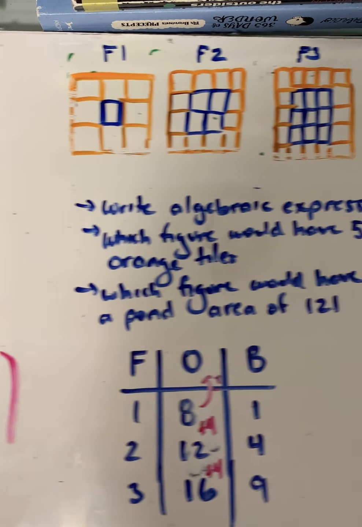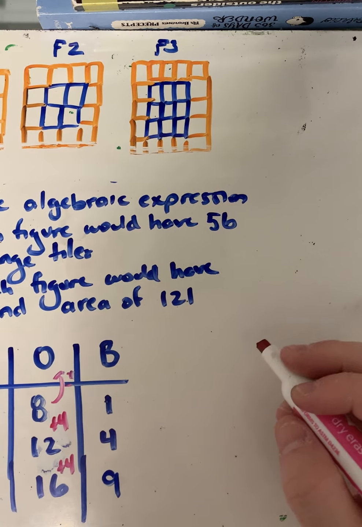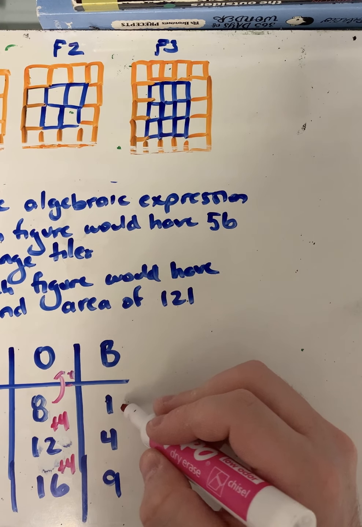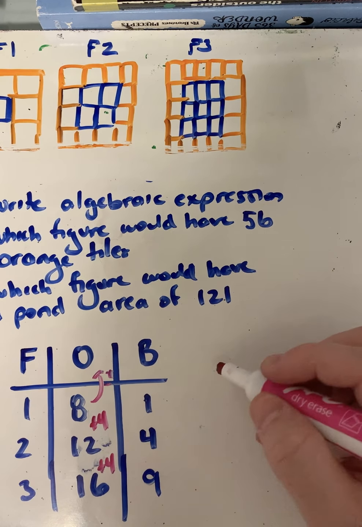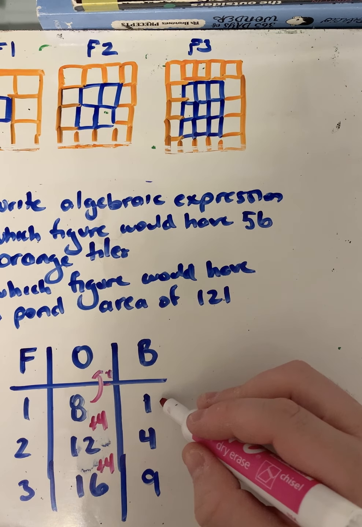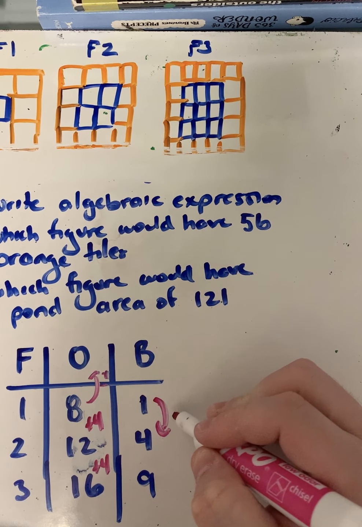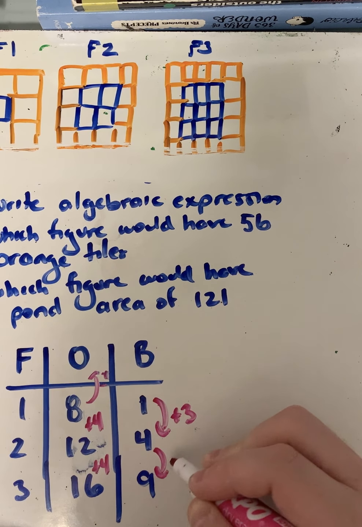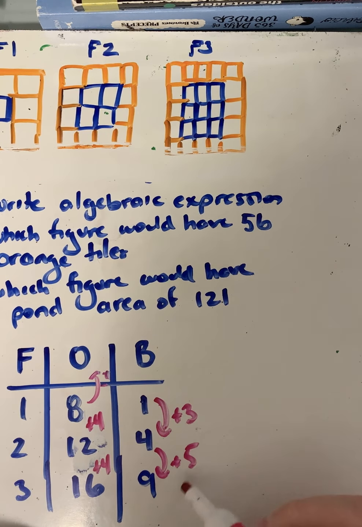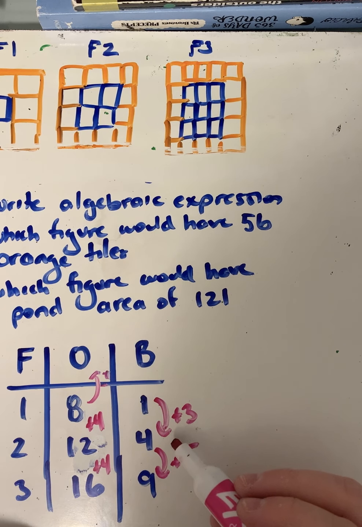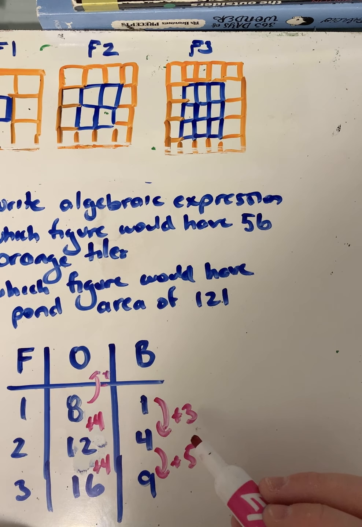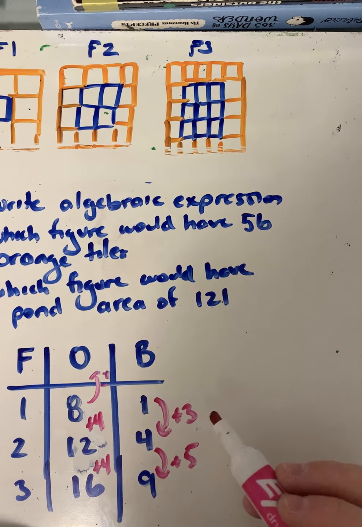For the blue tiles, we have figure 1 is 1, figure 2 is 4, and figure 3 is 9. So the progression here is 3 and then 5, and this is usually a clue that we want to use a square.